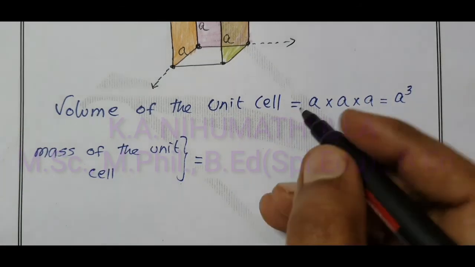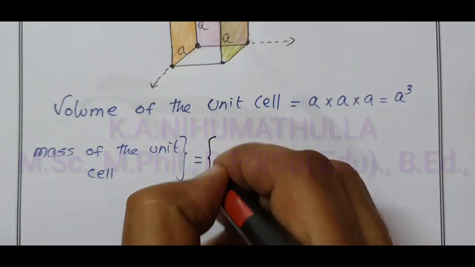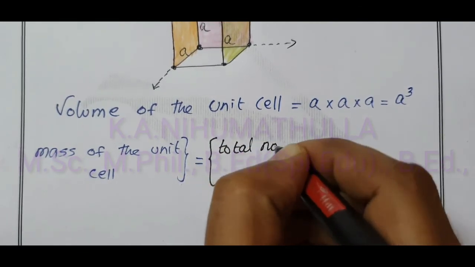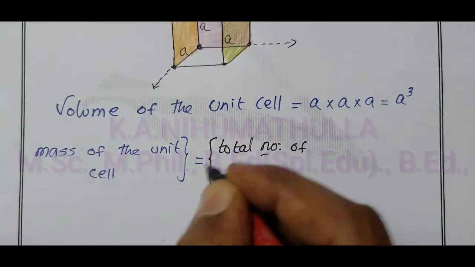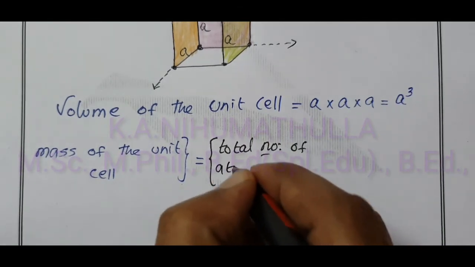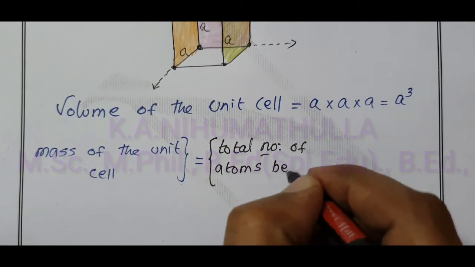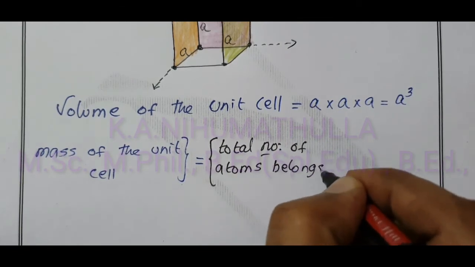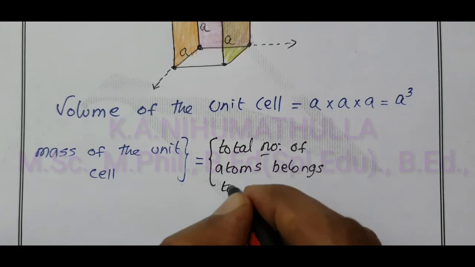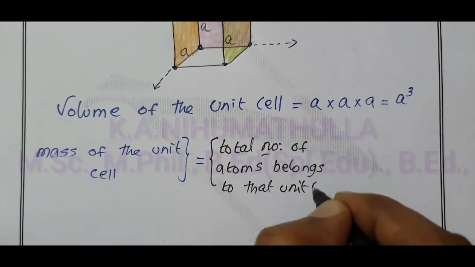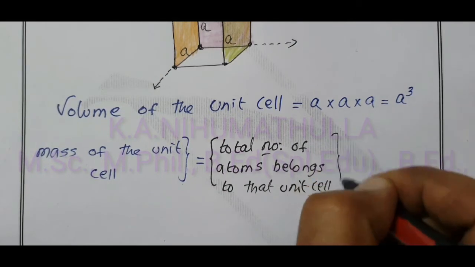One is the total number of atoms belonging to that unit cell. This is simple. You know what is the answer for this one?